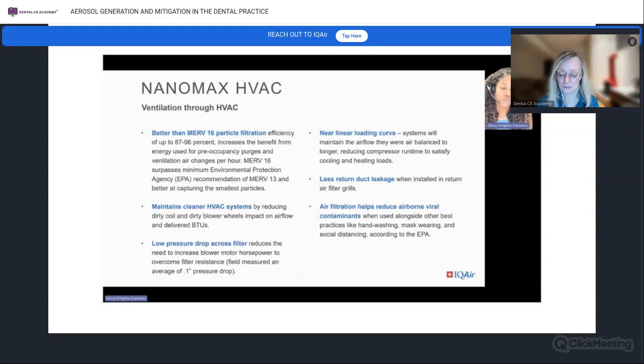It's essentially a 2-inch filter, and with this 2-inch filter you're able to have a pretty substantial increase in airflow. If you've had a MERV 11 or MERV 13, this NanoMax filter is able to have a lower pressure drop than most MERV 11 and MERV 13 filters, while providing a higher efficiency through the technology it incorporates.